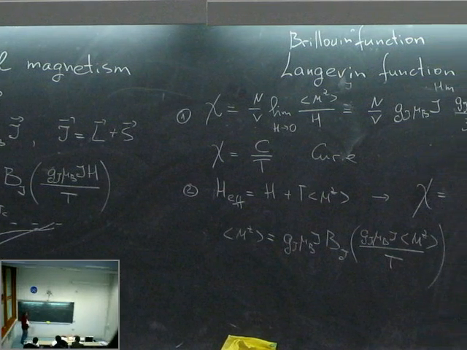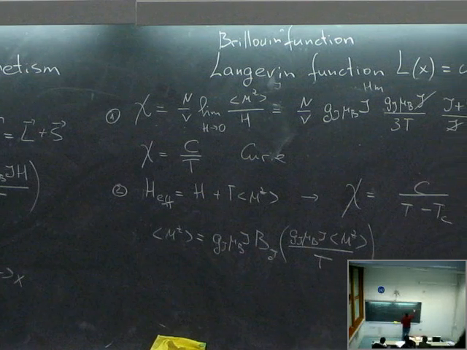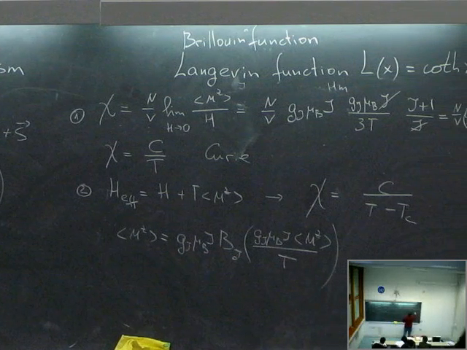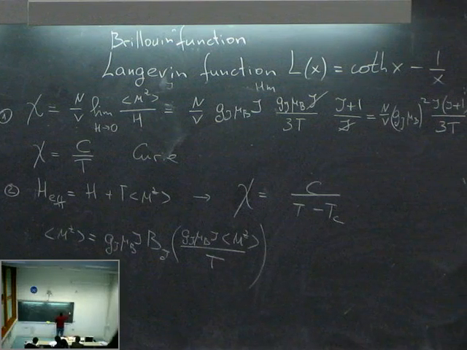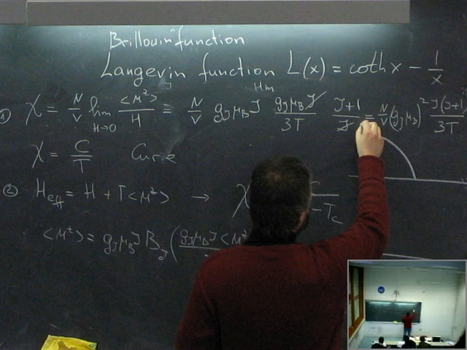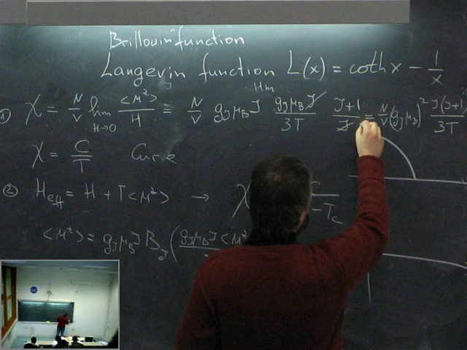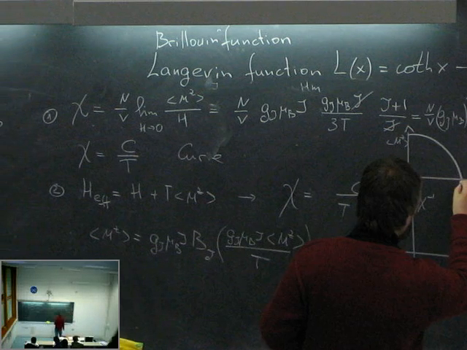Therefore, one can again have in mind the same pictures as before, namely there is a spontaneous magnetization occurring in the system. This is the average mz, and the inverse susceptibility is equal to 0 at the critical temperature.